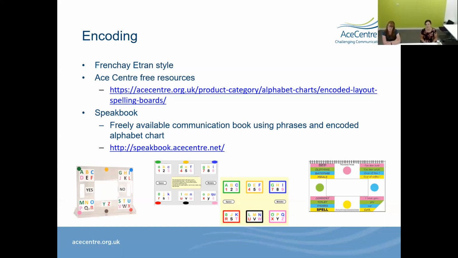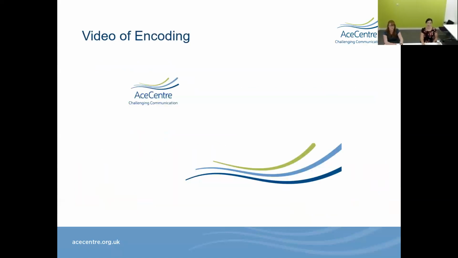So that's a really nice resource. He's also created a symbolised one for those that are colour blind, which is really nice, or maybe they just don't want to use colours. That's really good. Okay, I've got a little video of encoding here for you.